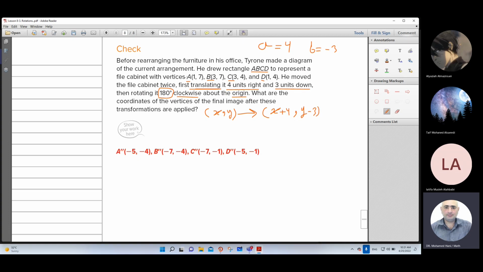So the translation of A (1, 7), you will get here A prime: this is X 1, 1 plus 4 will be 5, and Y 7, 7 minus 3 will be 4.